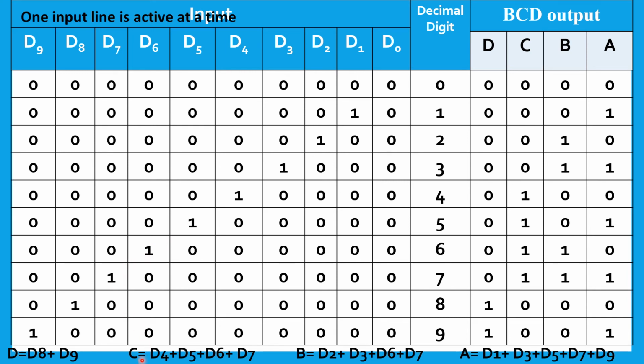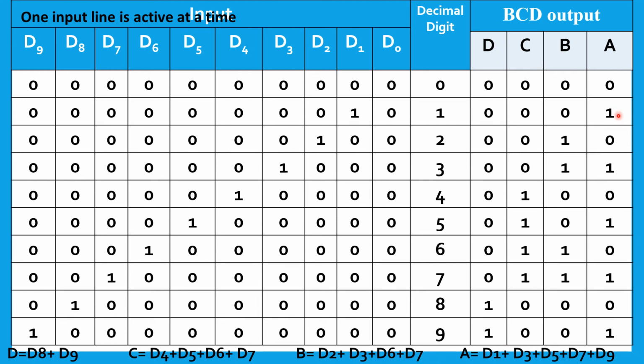So the C Boolean expression is D4 or D5 or D6 or D7. And for this B output, it is high when D2 is high or D3 high or D6 high or D7 high. So the Boolean expression for B output is D2 or D3 or D6 or D7.